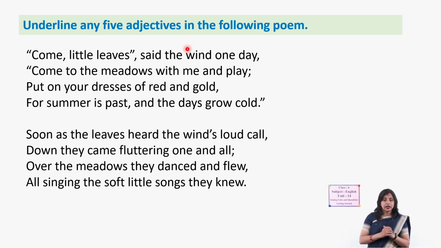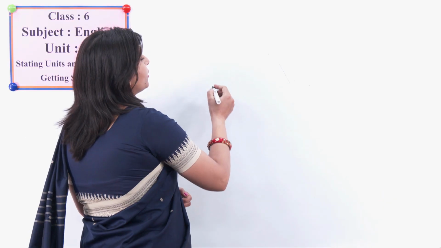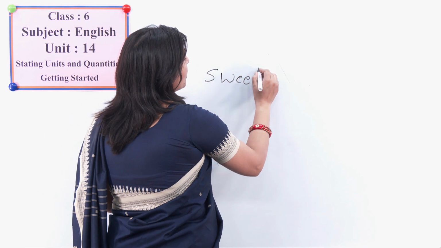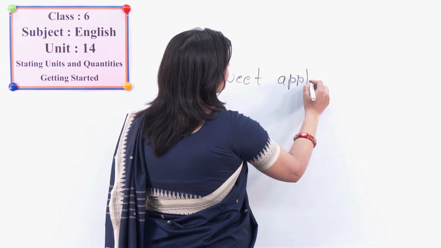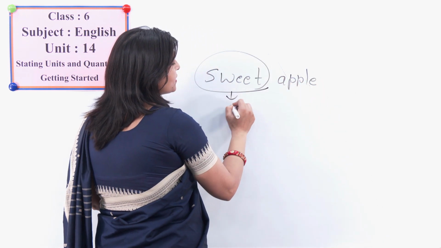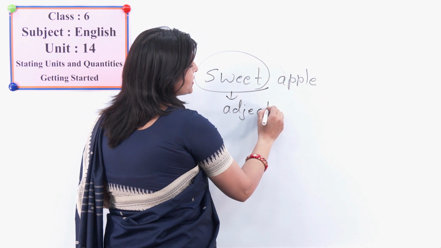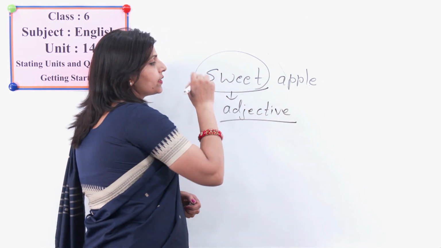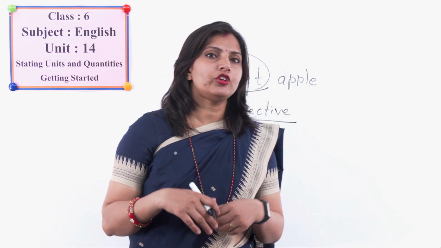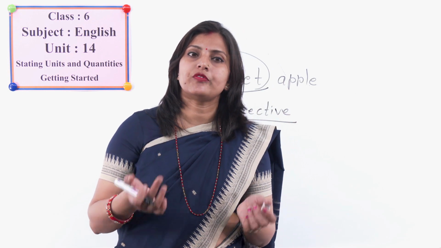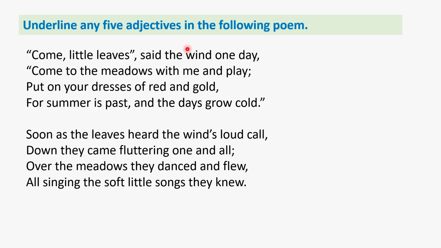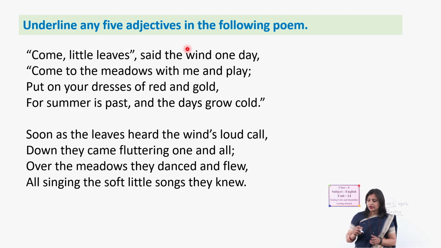Let me remind you, for example, sweet apple. Here sweet is an adjective, isn't it? Like this. Can you find any 5 adjectives in the poem? Quickly read the poem and then underline them. Hurry up.